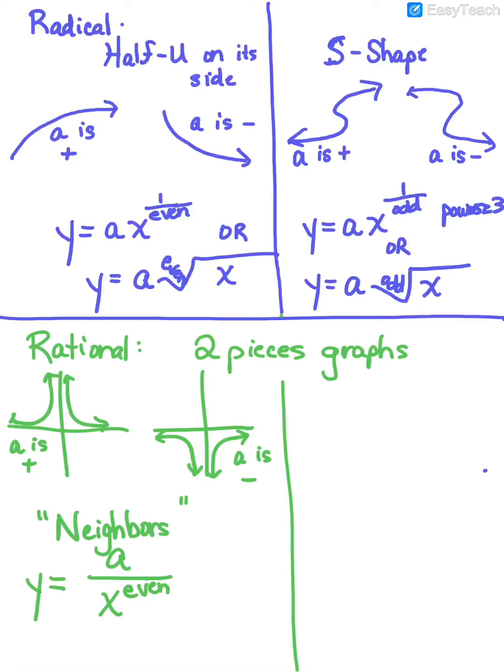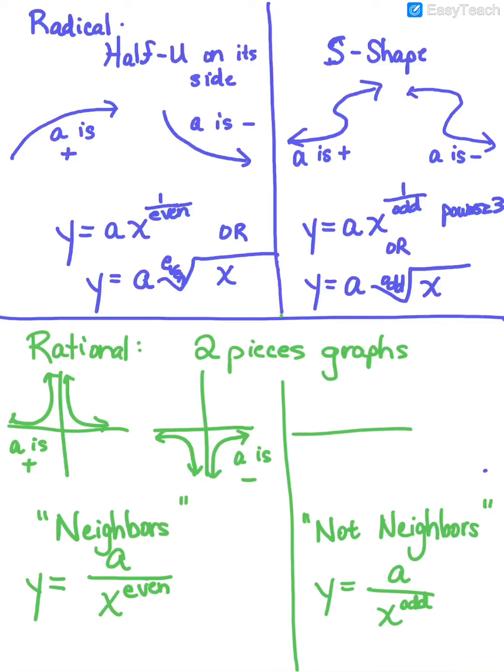Okay, so then the final thing that could happen is you could, again, have the x in the bottom, but instead of an even power, it has an odd power. And that would include powers of 1 as well because of the x being on the bottom. And so when this happens, I like to say they are not neighbors. And so you get one of two graphs.